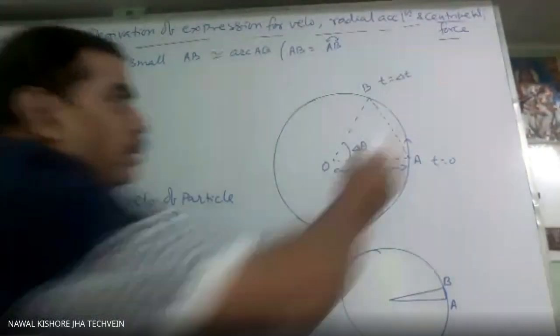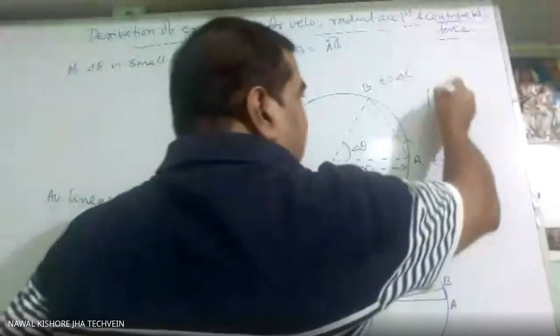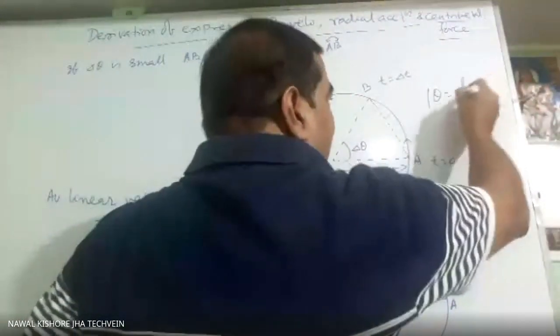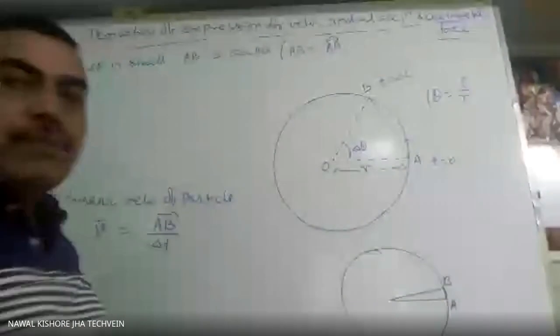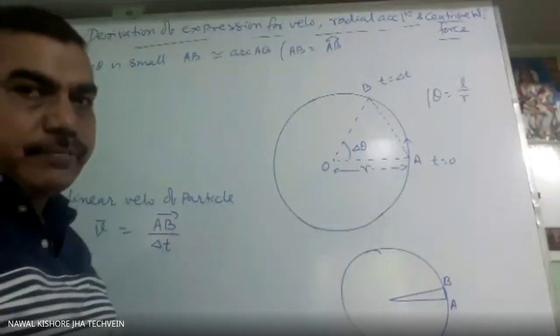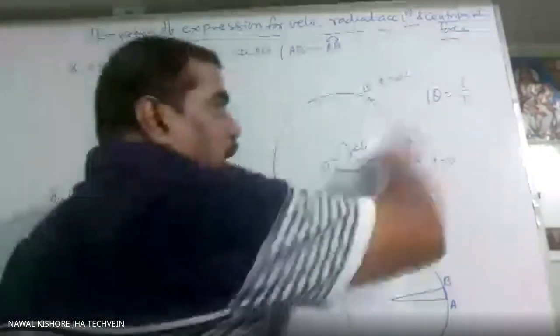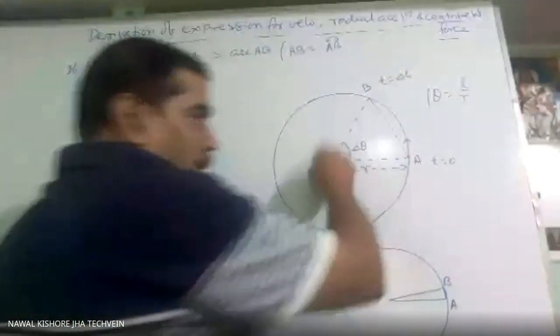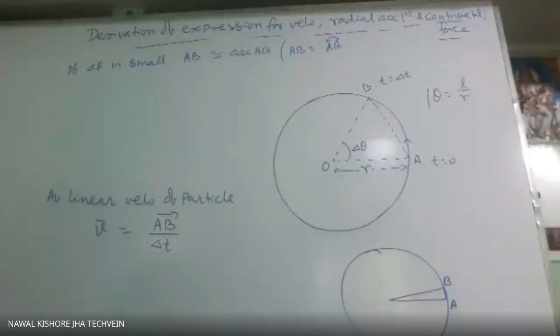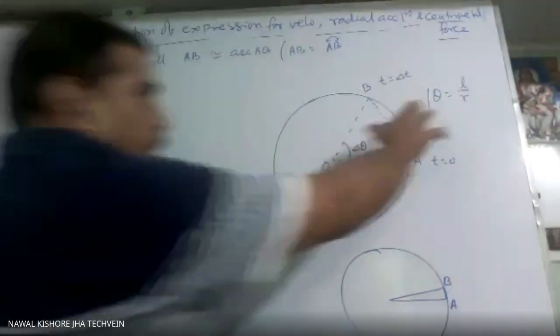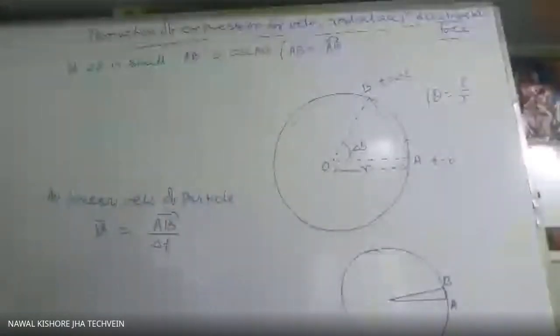The general formula we learned is theta is L by r, where L is the length of arc and r is the radius. So the total angle will be 2 pi radian. This theta will be in radian. This is the relation.